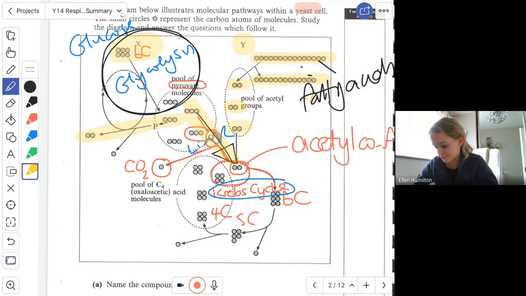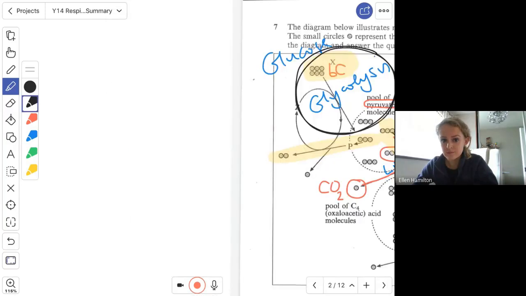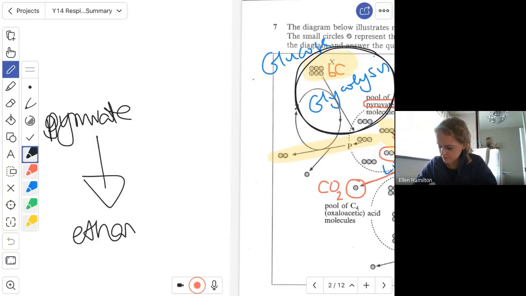So it tells you this is a yeast cell. So hopefully you'll remember that in anaerobic conditions, the pyruvate was converted into ethanol and carbon dioxide.